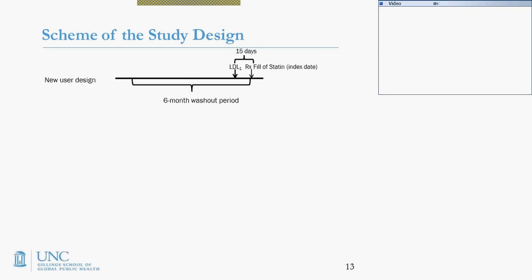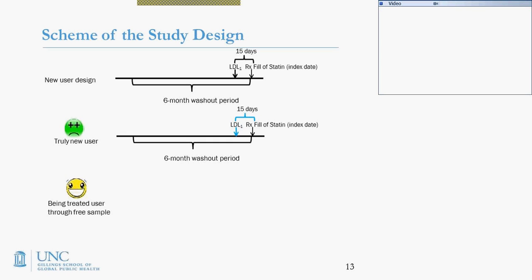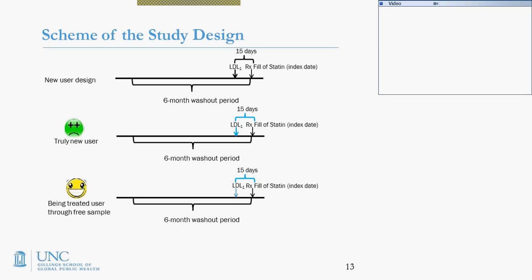With this design, we're likely to capture both truly new users and those users being treated by free samples, whose LDL dropped, which is why they're initiating. For the truly new users, this LDL is prior to statins, so it should be the pre-treatment LDL.